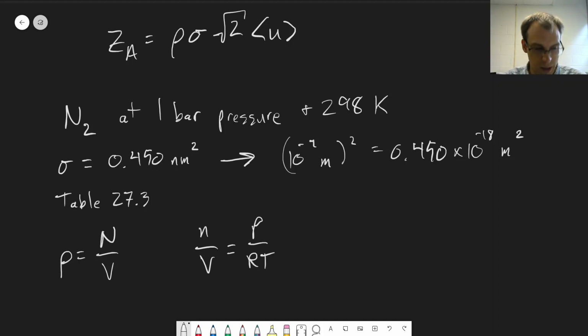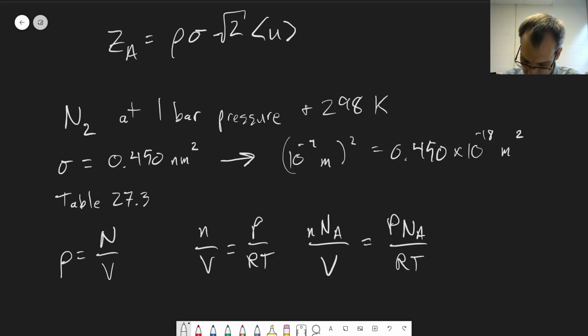That's just reorganizing the ideal gas law. And then we want to use Avogadro's number to convert from moles to number of particles. So we need to multiply by Avogadro's number, and on the other side, P times Avogadro's number over RT.